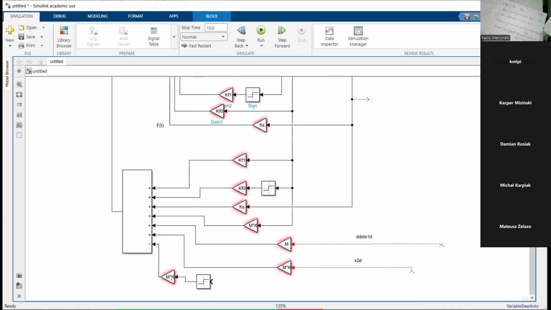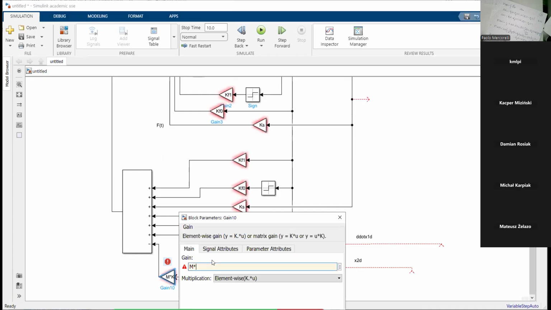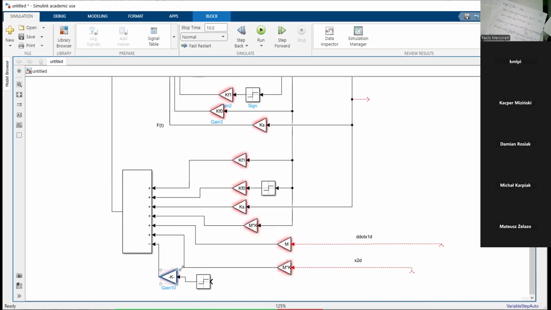Here, instead of k, I have to put eta. Here I have to define s of t. I hope no mistakes.